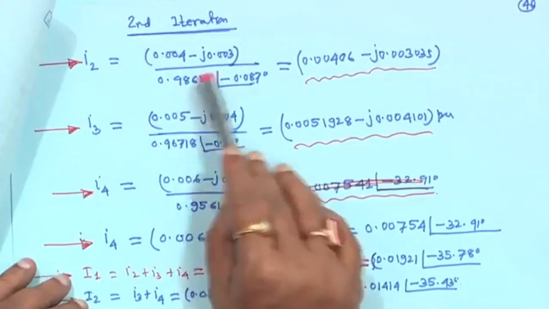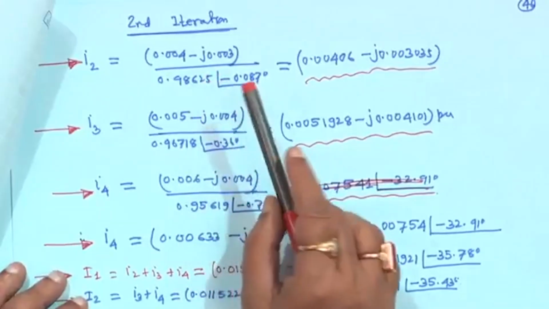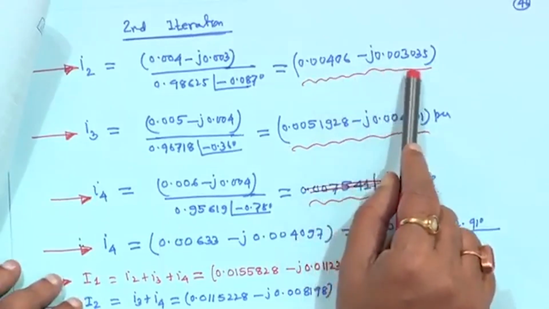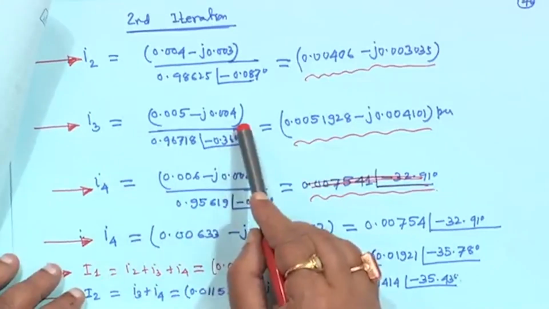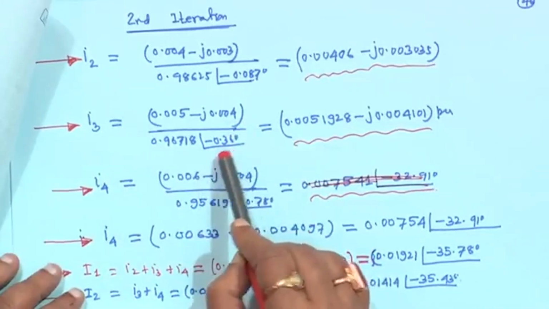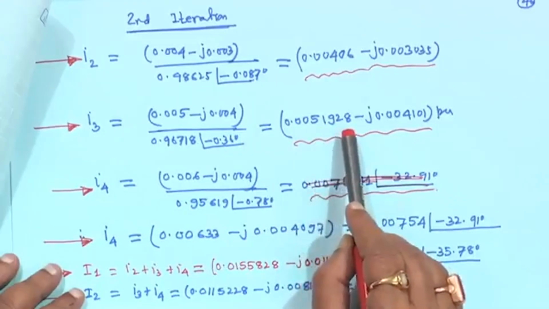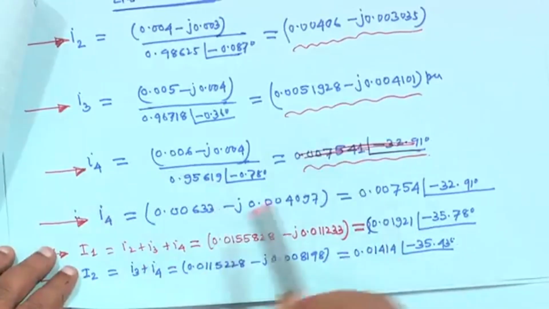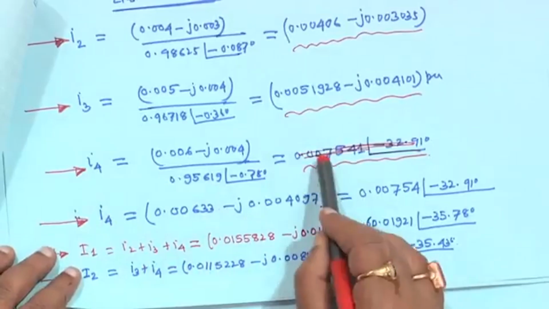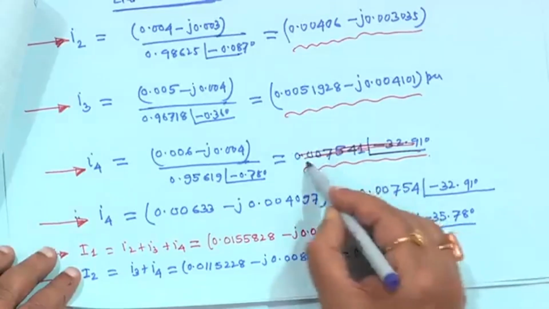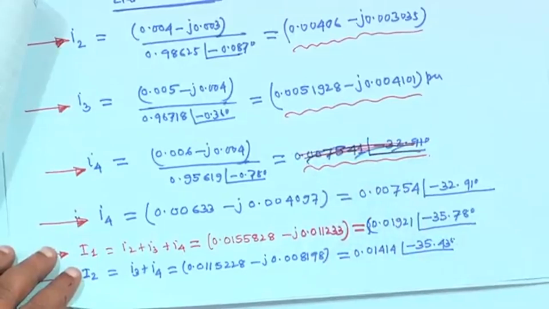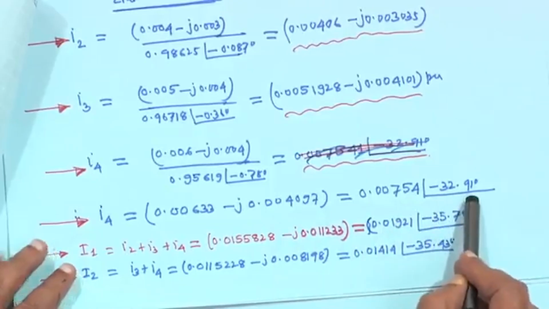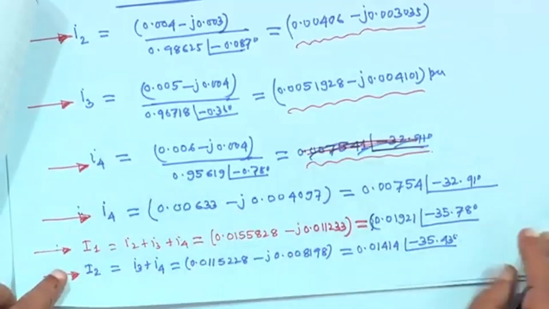You substitute all these things into PL minus jQL divided by V conjugate, this formula, you will get this value 0.00406 minus j0.003035. Similarly, I3 is equal to the same thing divided by V3 conjugate, you will get 0.0051928 minus j0.004101, and similarly I4 you calculate, it is 0.00754 angle minus 32.91 degree. So, this way small I2 in the second iteration you got.